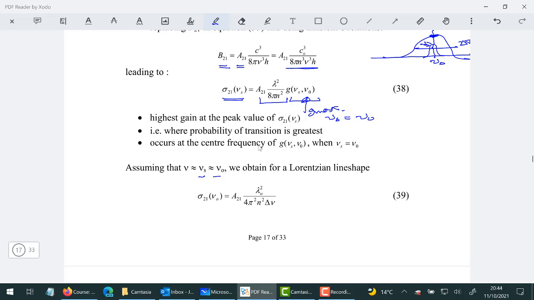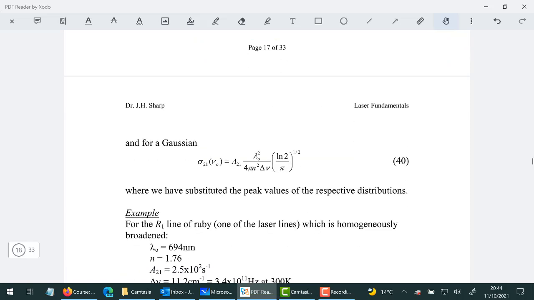We found that for a Lorentzian, it was given by some number divided by delta nu, but I can't remember off the top of my head. And for a Gaussian, we had again, inversely proportional to delta nu. So these are the maximum values that we could possibly get for our stimulated emission cross-section.